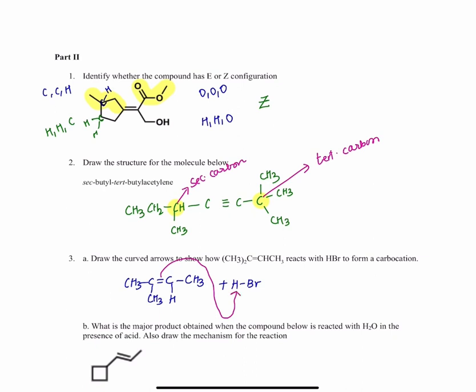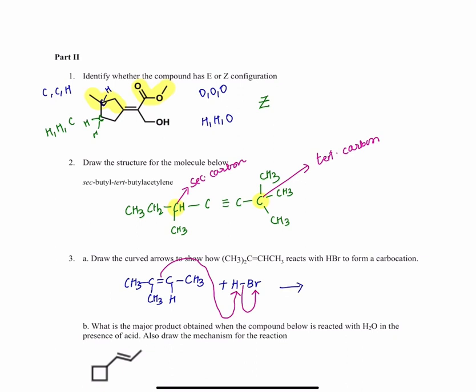So the electrons from the double bond are going to abstract this hydrogen, and the Br is going to leave. So make sure that you always start the arrows from the electrons and point them towards the atom. Okay, and in the next step, it's going to form the carbocation.